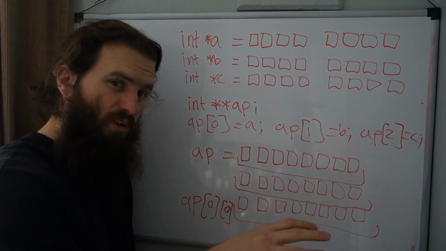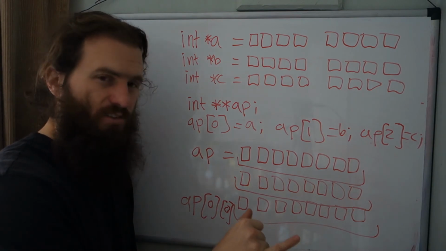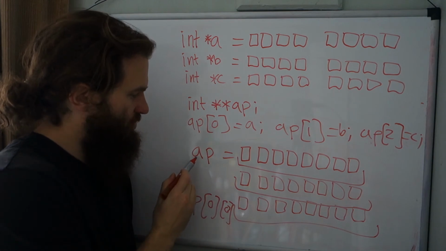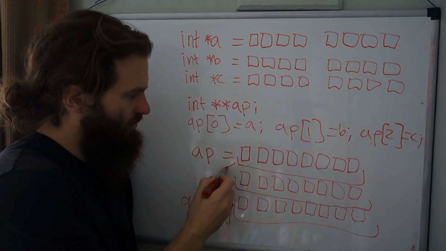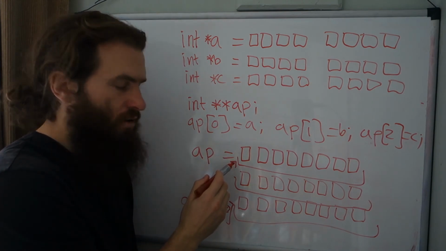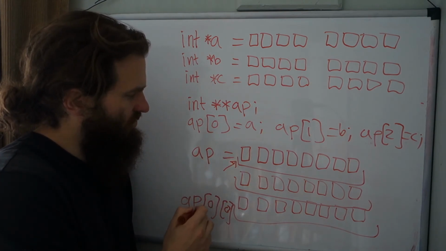An integer pointer itself is 8 bytes long, and the pointer to that is just the memory address of this. It's just the start. So we go to the start.